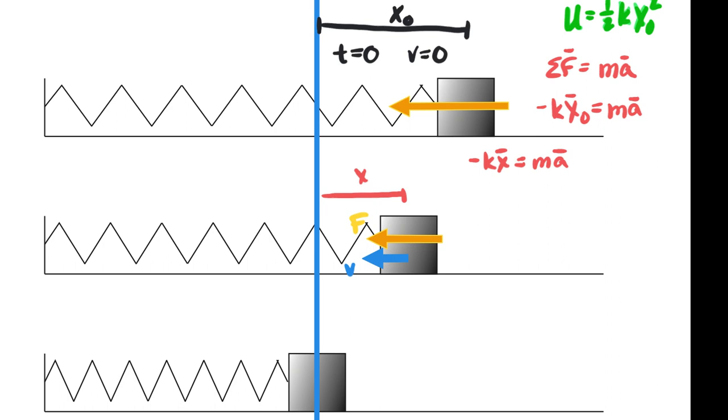The energy of this system is now in two places. We have energy still in the spring because the spring is not at equilibrium. But the box is now moving, so we have kinetic energy too.